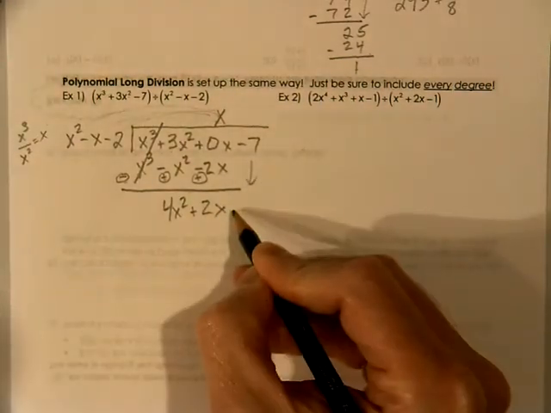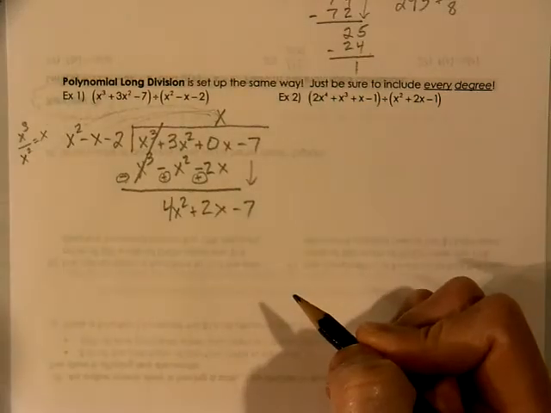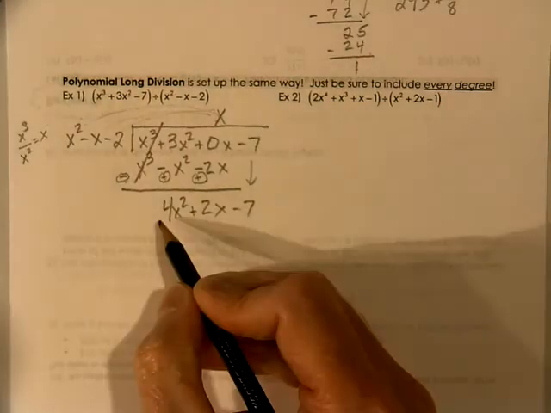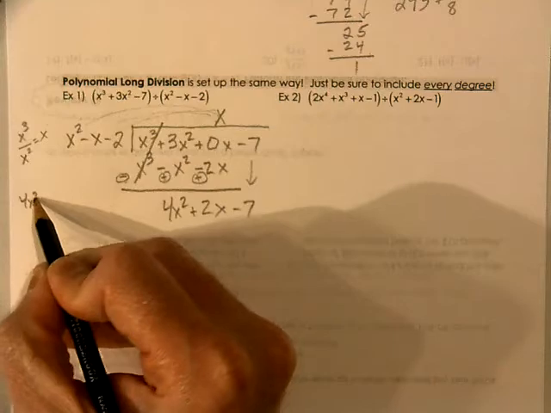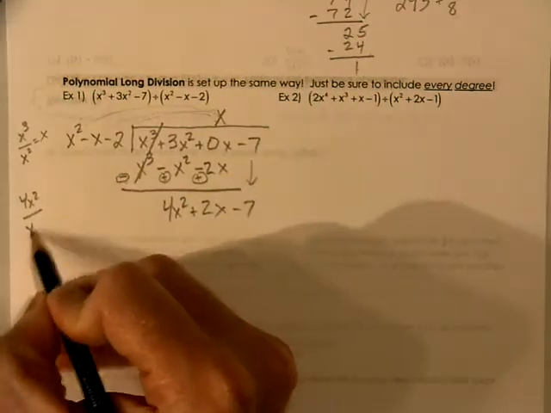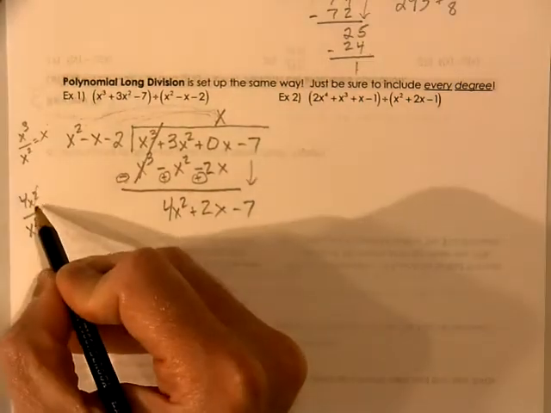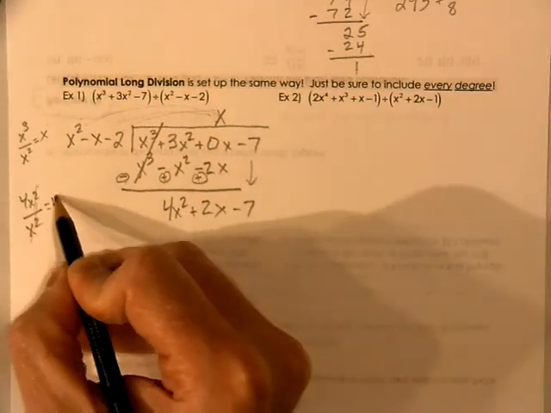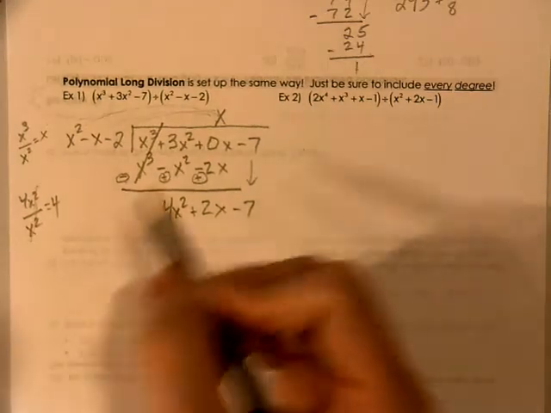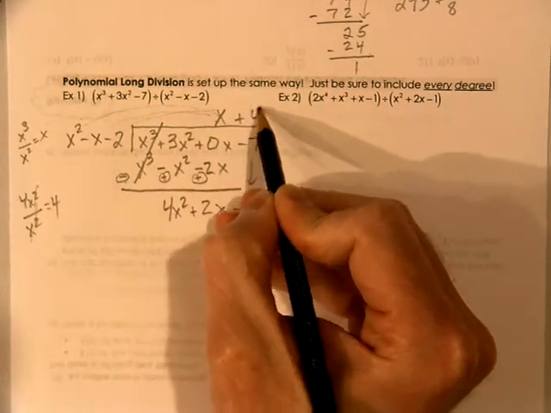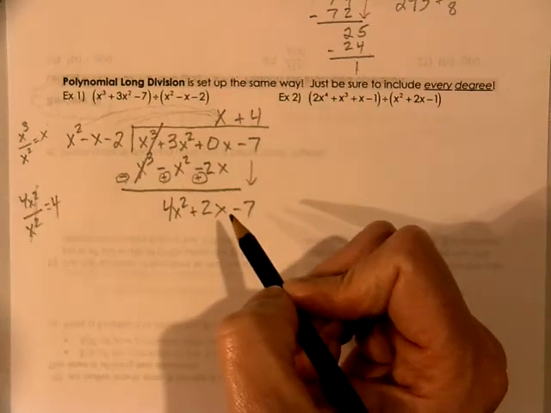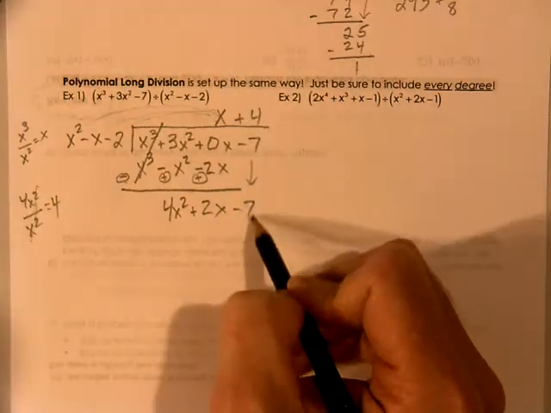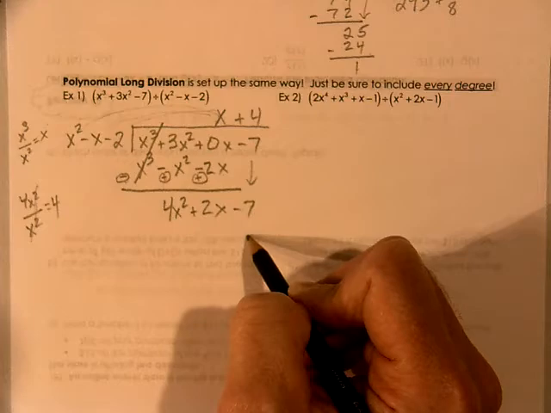Bring down your number. So now we have our 4x squared divided by x squared. Those cross out, and we get the number 4. So we put down a positive 4. We have that now in the constant column.